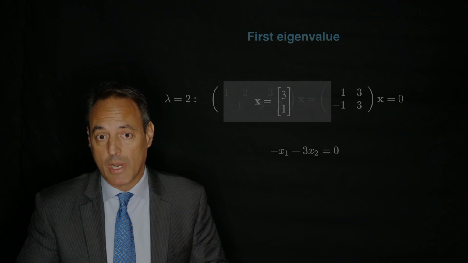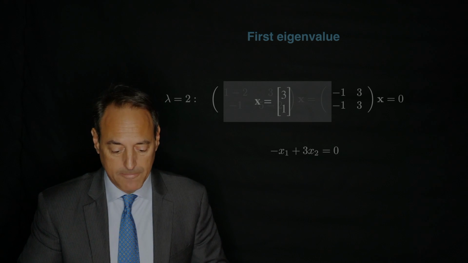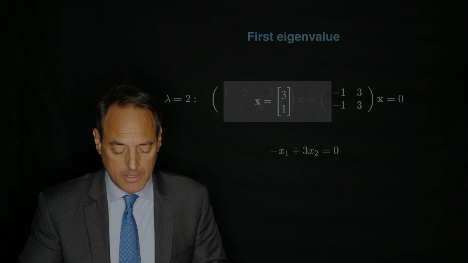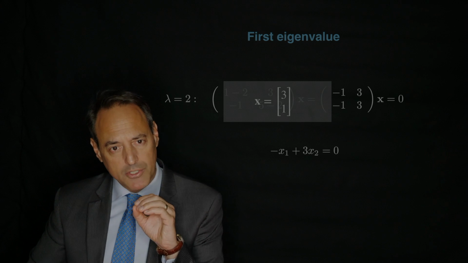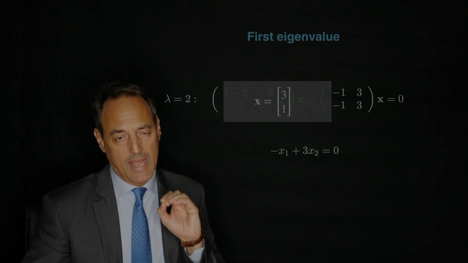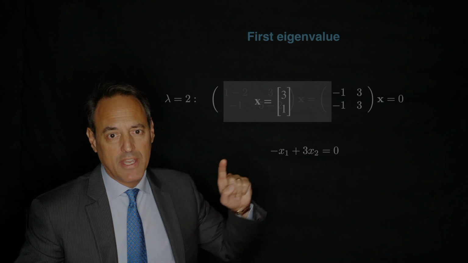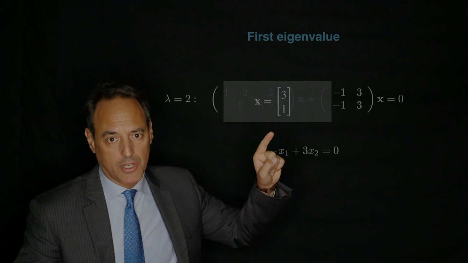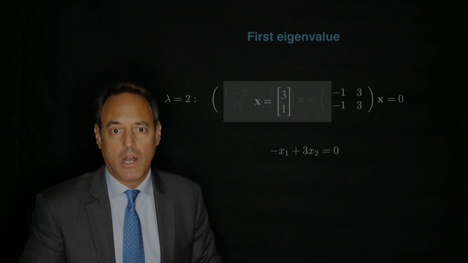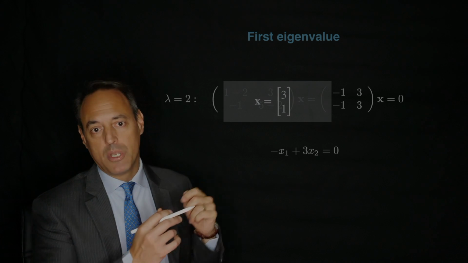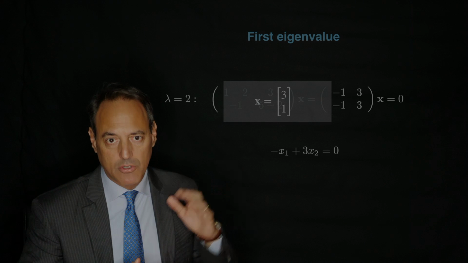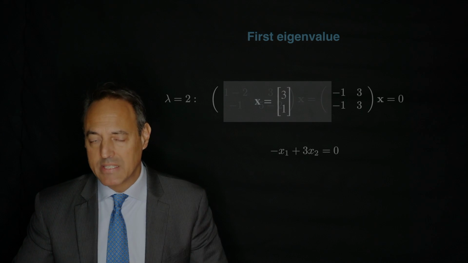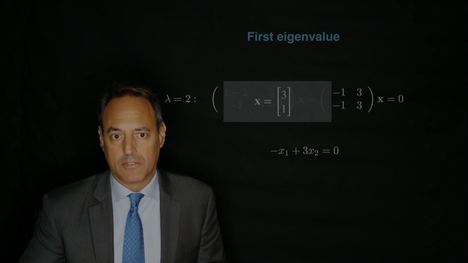And it's in this direction, 3, 1. So this is interesting, right? The eigenvalue lambda equals 2 gives me a very specific direction along that whole line, 3, 1. Any vector along that line that gets multiplied by A stays on that line, which is the eigenvector line.